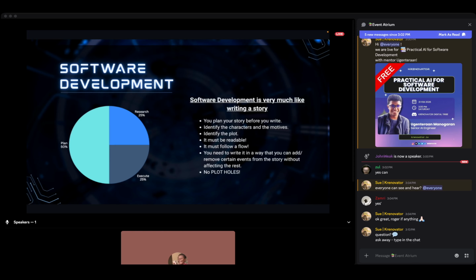So far we have gone until the flow part. So now this part is a bit diverging, but let me tell you what I meant by that sixth point. The way that you write your story, especially if you're writing a very, very huge story, you need to be able to write it in a way that you can modify certain events in the middle based on your ending or based on how the feedback goes and whatever, right?